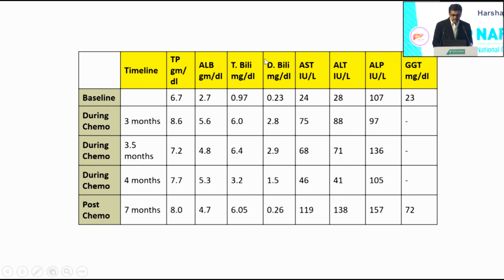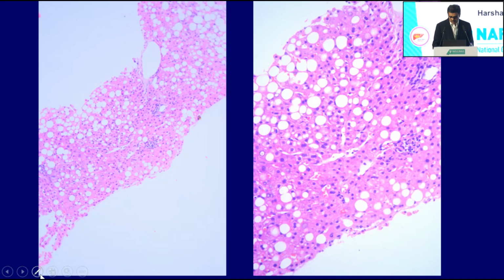You can see here at baseline the liver function tests were normal, but during chemotherapy, you find that the bilirubin has increased to 6 and the AST and ALT mildly to 75 and 80. Over the course of his chemotherapy, the bilirubin continued to be stable at around 6. Briefly, it dropped down to about 3.2 with raised AST and ALT about 3 to 4 times normal.